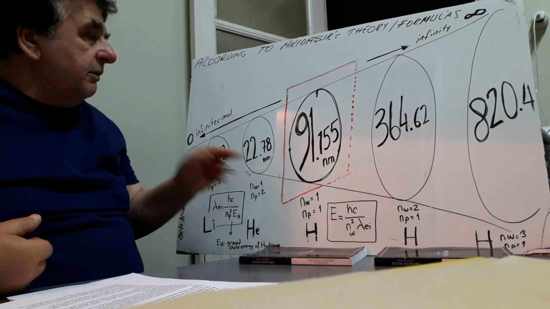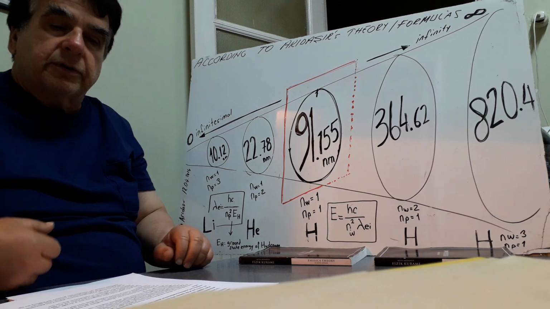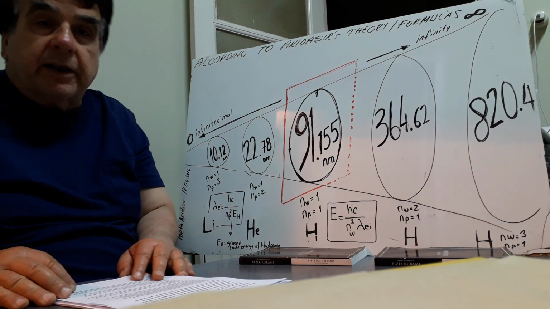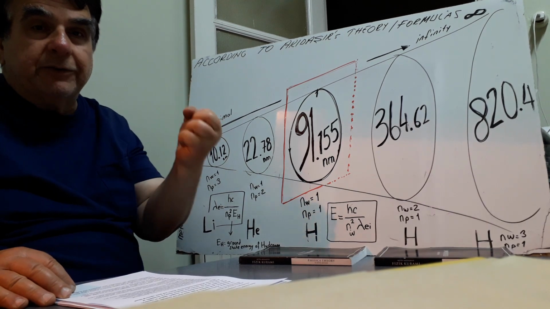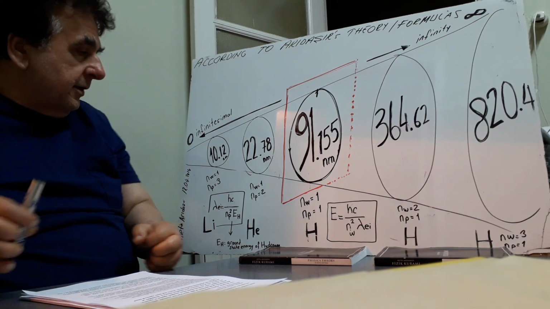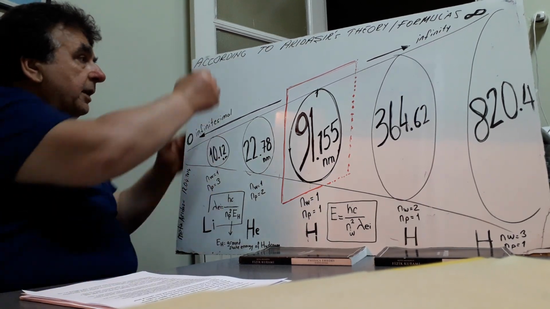Smallest wavelength size electron motion form. Corresponding highest ionization energy. Okay, this is my formula.